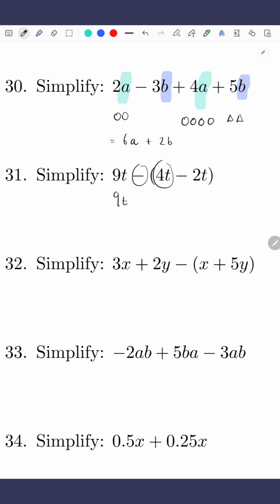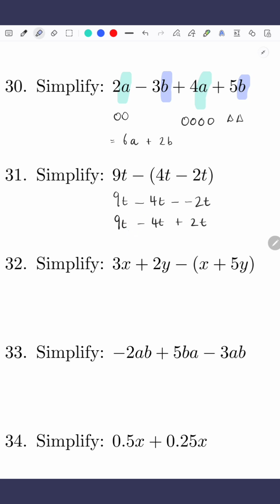It's going to be take away 4t, but also as if we're taking away -2t. And as we know from our intuition, but lesser intuition perhaps from our training, that if we have 2 negatives right next to each other, that's going to make it an addition. So we have 9t, take away 4t, plus 2t.